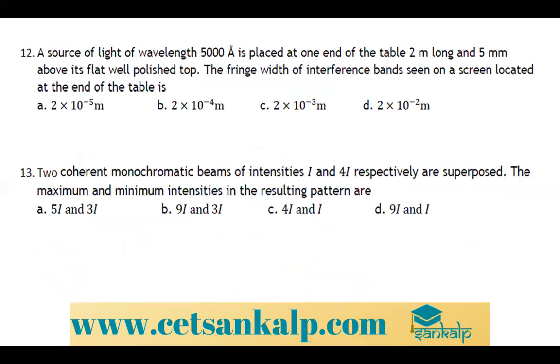ಓಕೆ. ನೆಕ್ಸ್ಟ್, a source of light of wavelength 5000 angstrom is placed at one end of a table 2 meter long and 5 mm above its flat, well polished top. The fringe width?